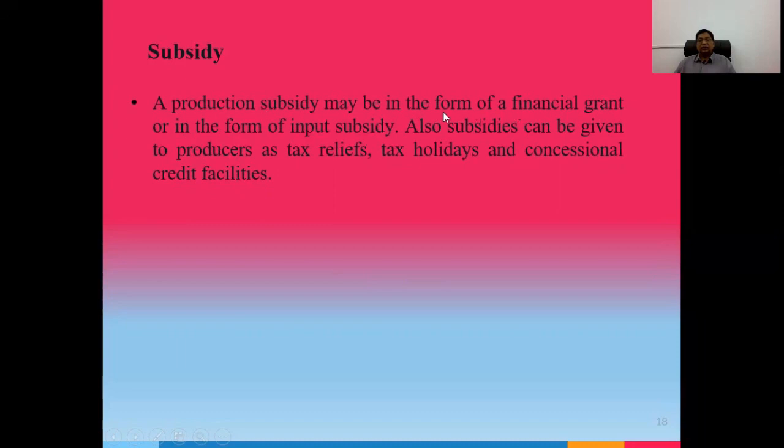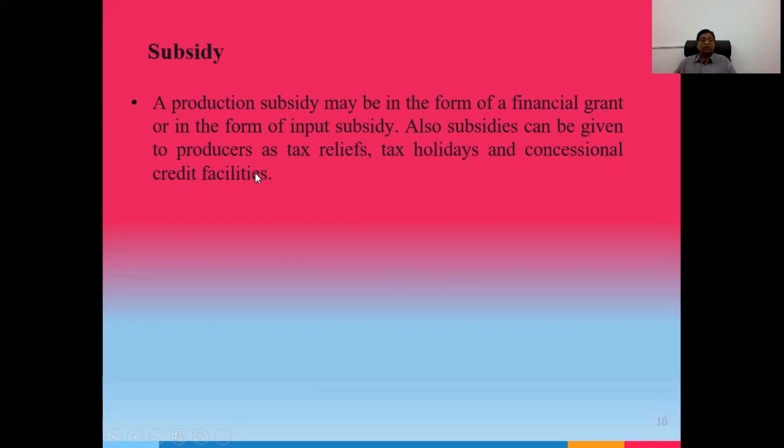One is in the form of financial grant, or in the form of input subsidy such as fertilizer subsidy for the farmers. Also, subsidies can be given to the producers as tax relief, tax holidays, and concessional credit facilities.